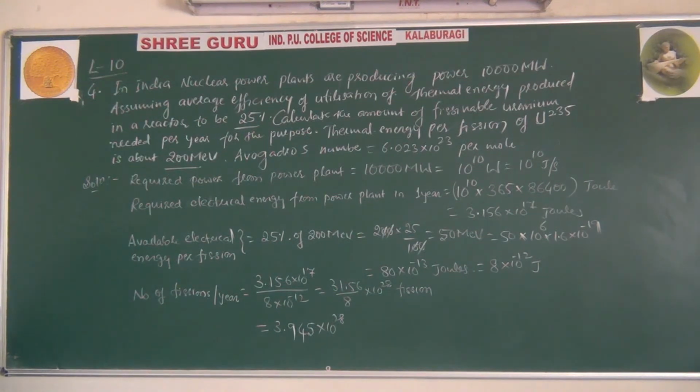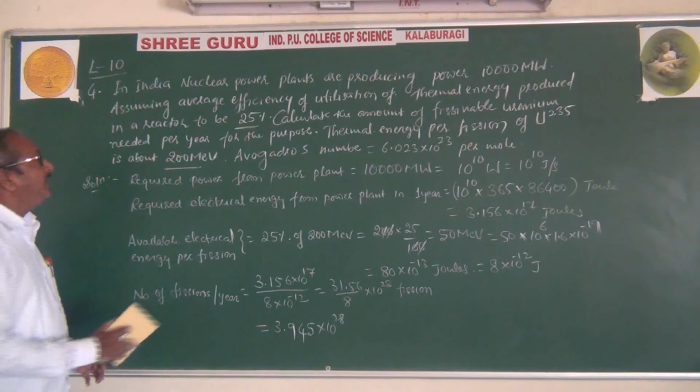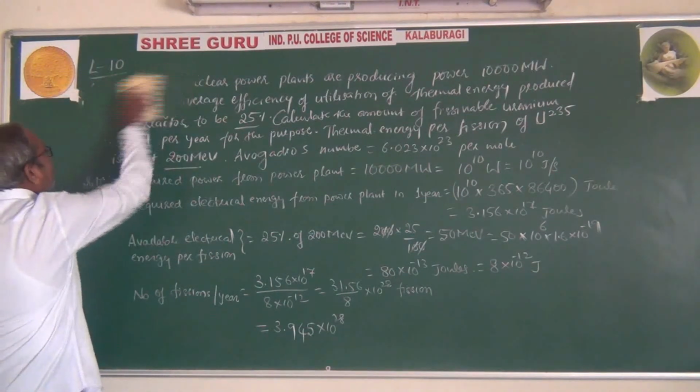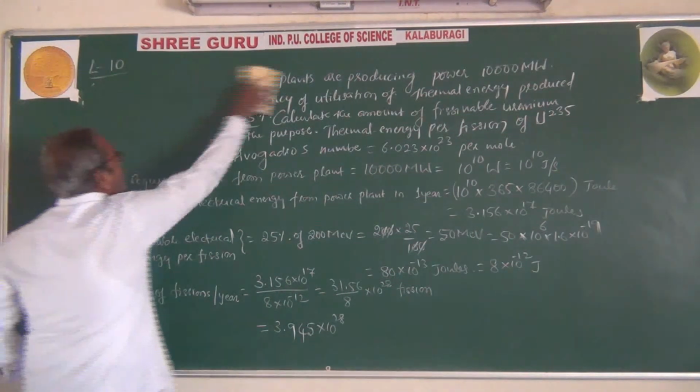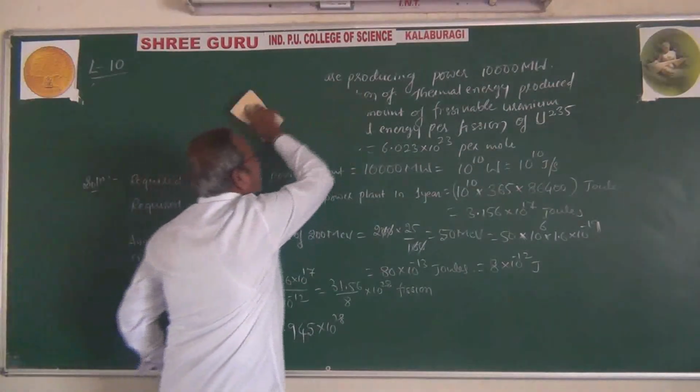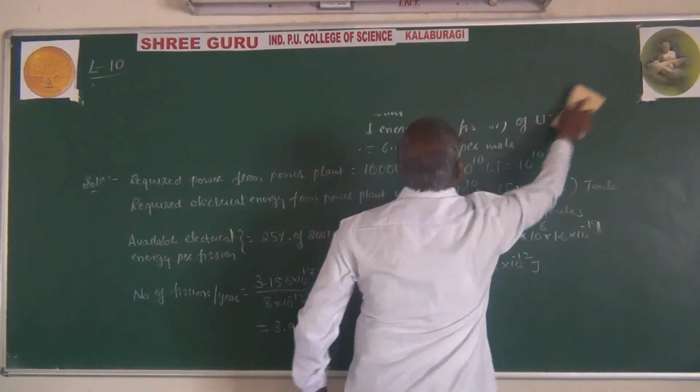So number of moles needed. How many moles will be needed? In each mole, how many atoms are there? In each mole, the number of atoms will be equal to Avogadro's number.